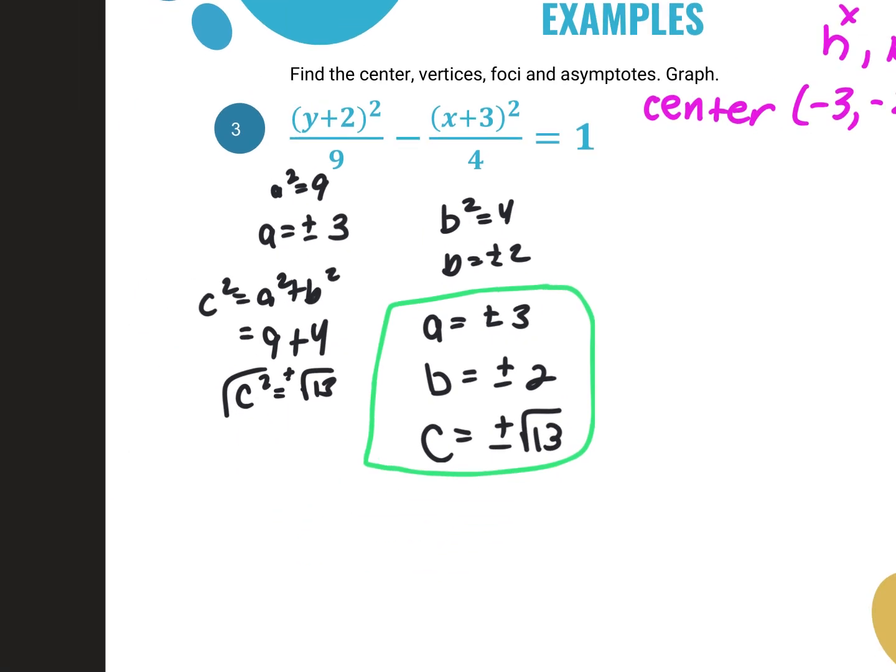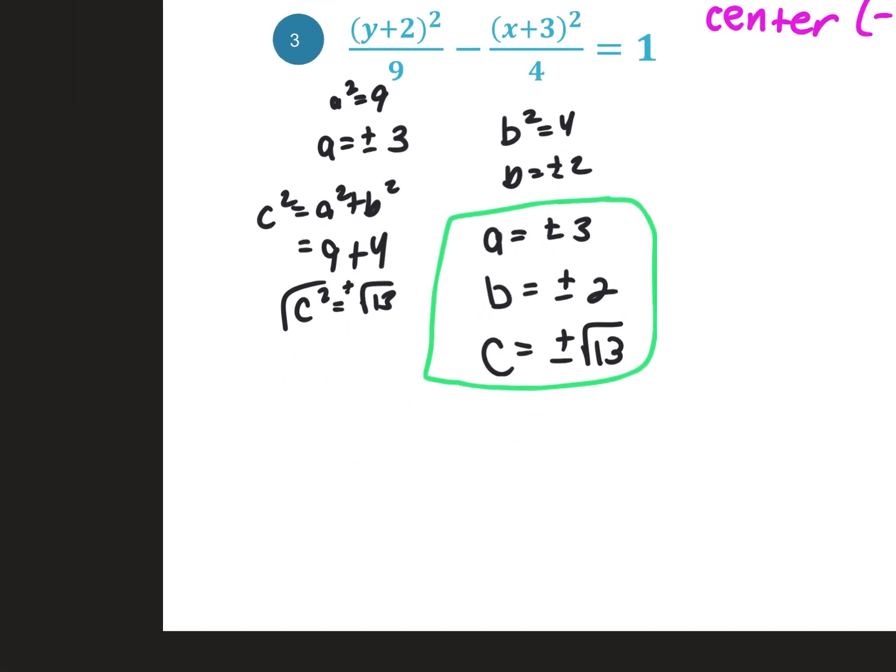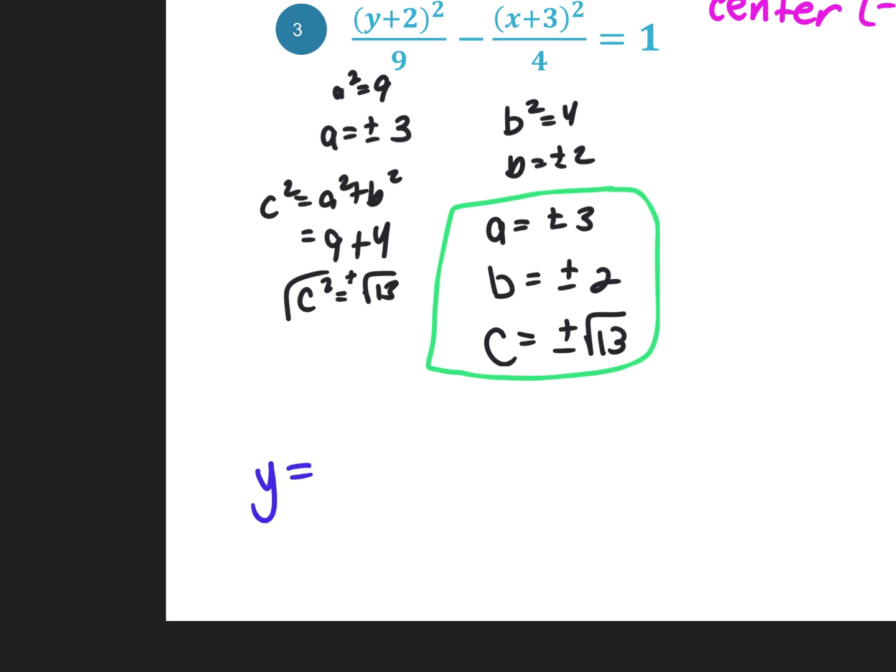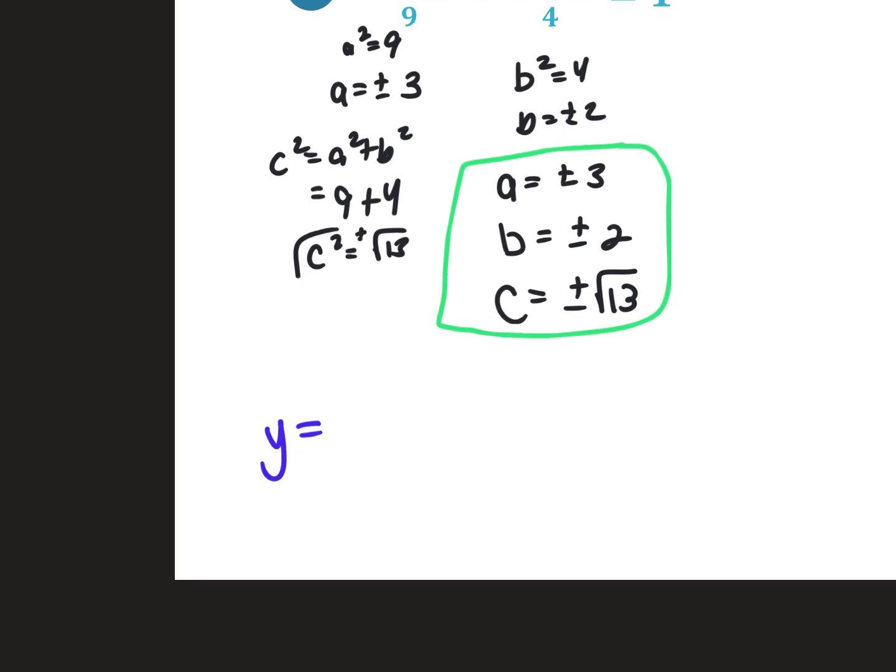So let's go ahead and find our asymptote. Y equals, which equation are we using for our asymptote? Go back to the last slide. It's a vertical. What's the equation? K plus minus A over B times X minus H. Okay.